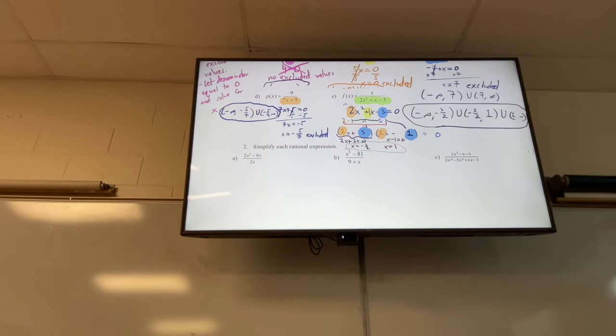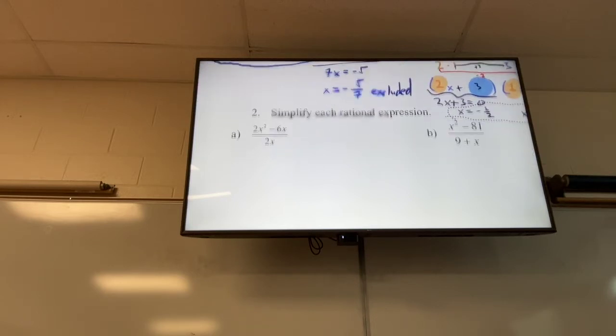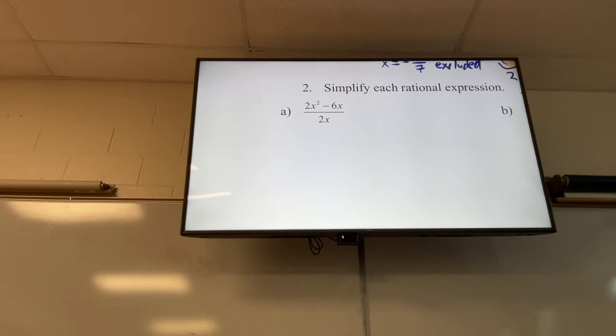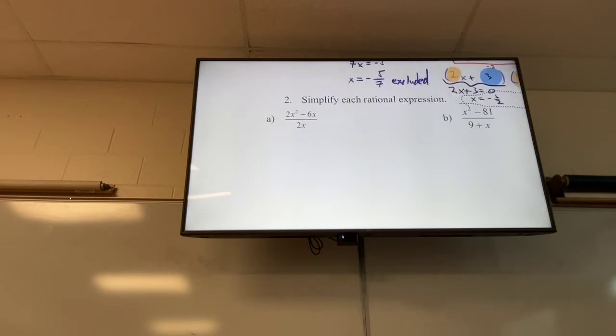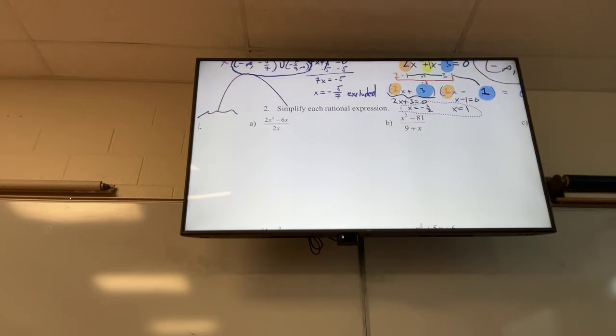Cool stuff. Okay. So for simplifying rational expressions, there are 2 steps to simplifying these, okay? 2 steps, okay? First step is you find the excluded values.